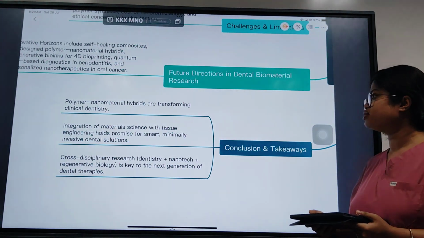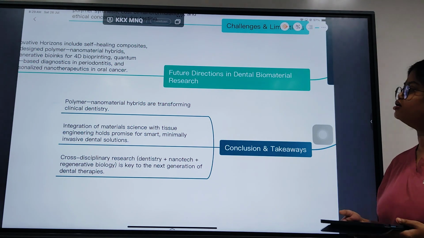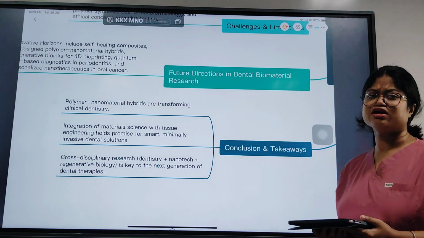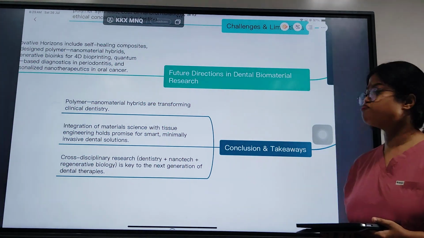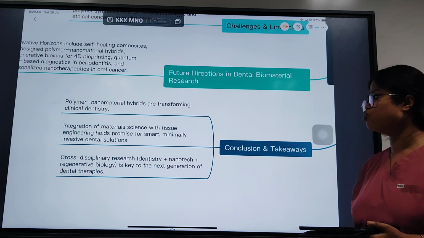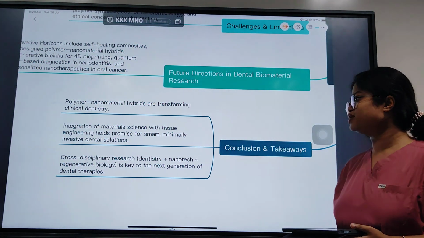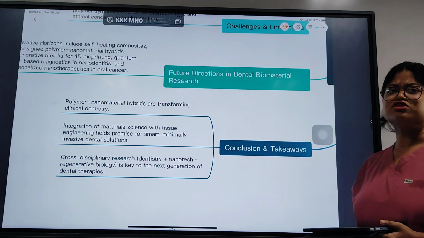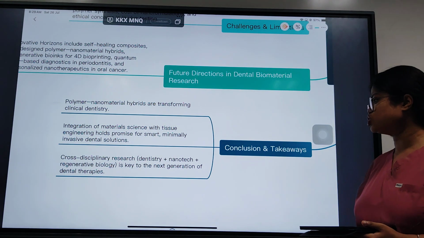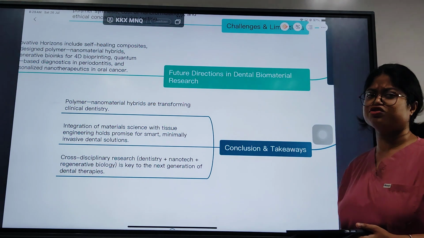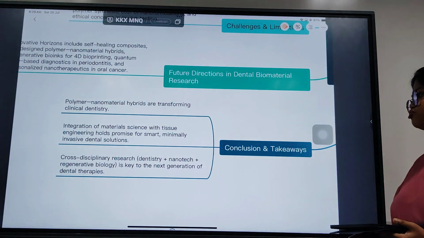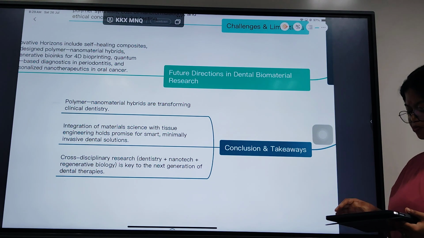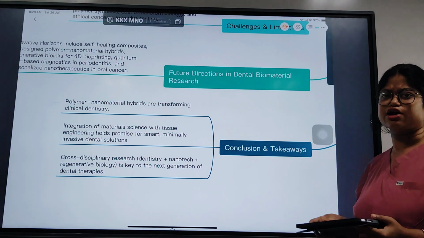Coming to the conclusion and key takeaways: polymer nanomaterial hybrids are transforming clinical dentistry. Integration of material science with tissue engineering holds promise for smart, minimally invasive dental solutions. Cross-disciplinary action in research and dentistry, with nanotech and regenerative biology, is key to the next generation of dental therapies that will be developed through dental materials and nanomaterials.